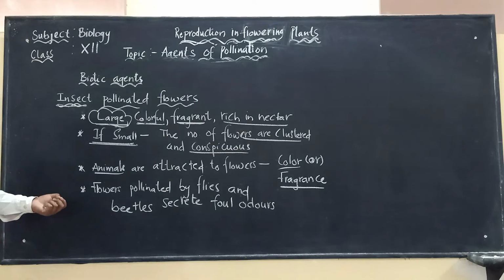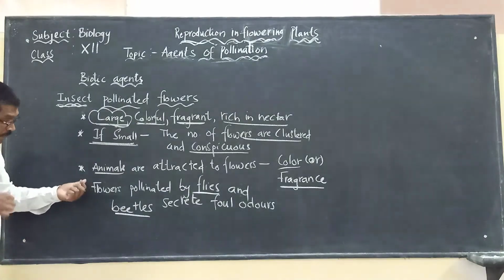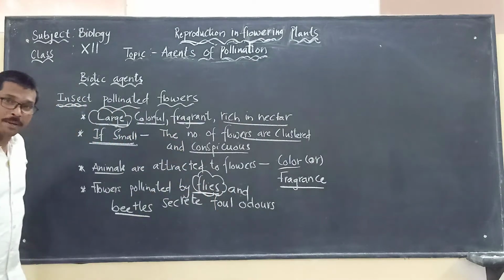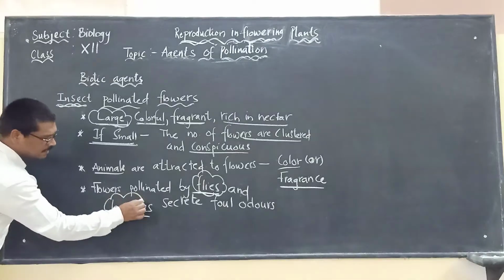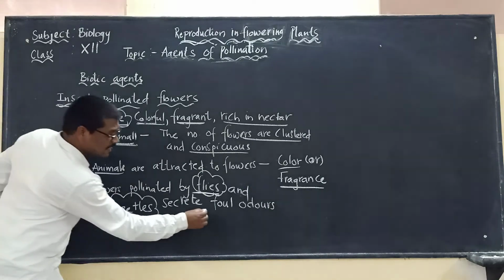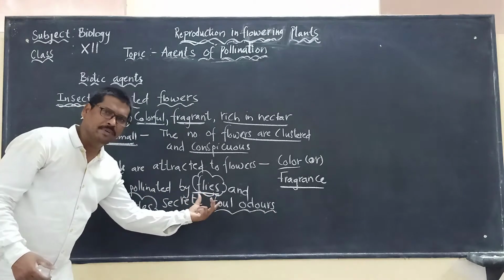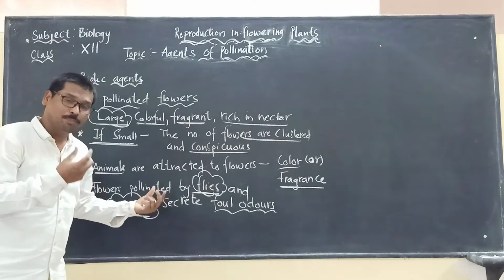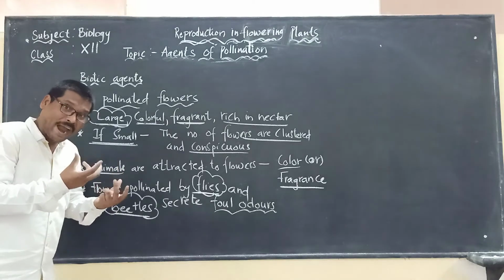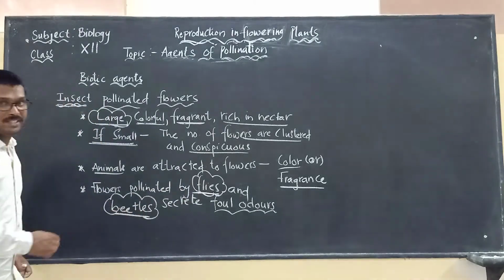And especially if you are looking at the flies and beetles, there are some flowers which are pollinated by the flies and also by the beetles. Those flowers generally secrete foul odors. This foul odor means what? Bad smell. There are some flowers which will produce bad smell, and this bad smell will attract the flies and the beetles.